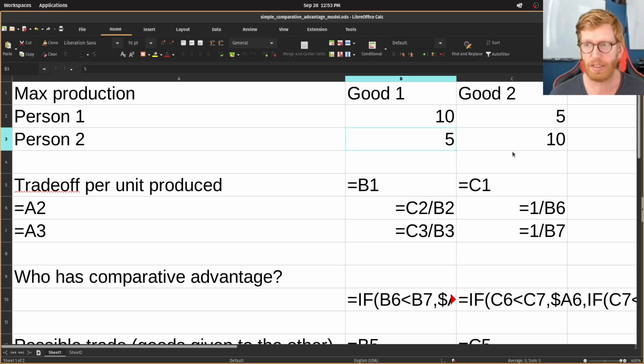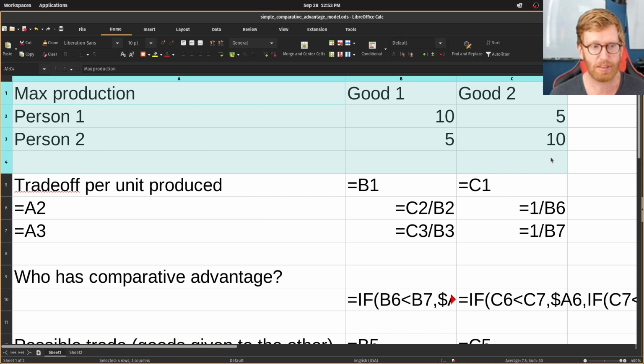So what we've got here is a basic setup where we plug in basically the endpoints of a PPF. And we're going to assume a straight line, that means a constant trade-off between whatever good 1 and good 2 are, because it makes the math a lot easier. So with this, we plug in our basic information into here, what I've highlighted up at the top.